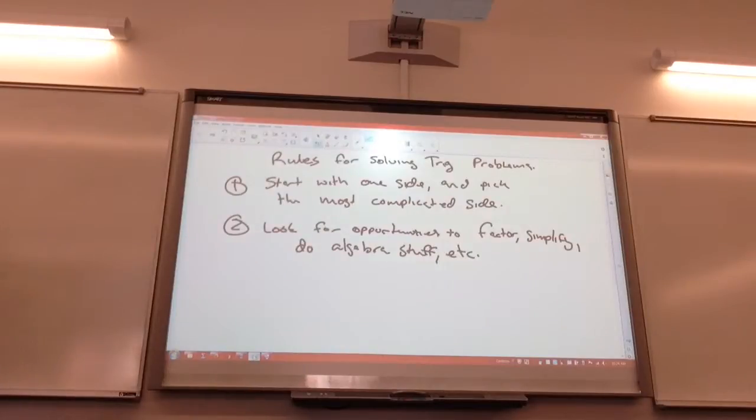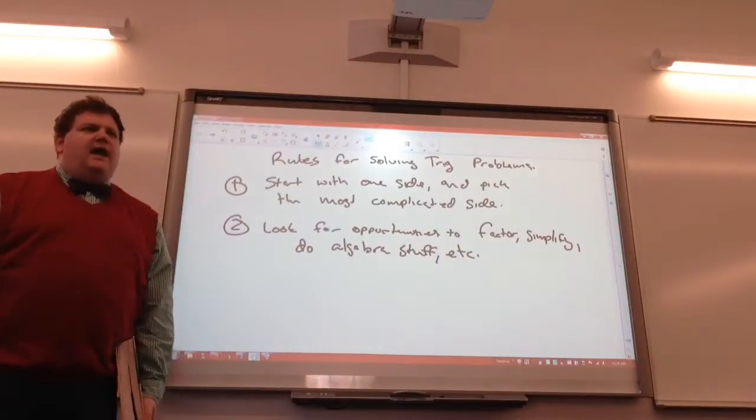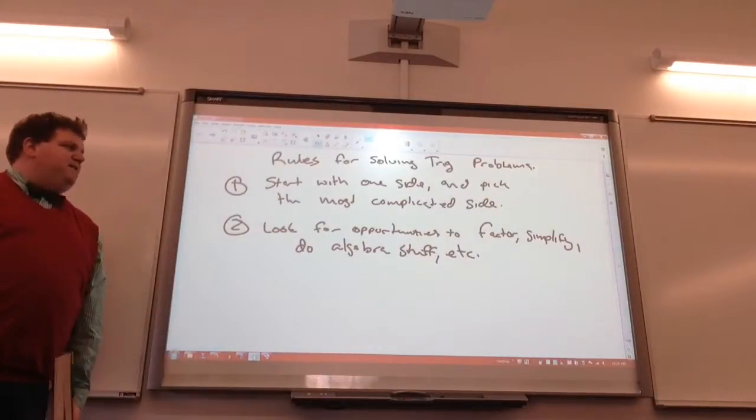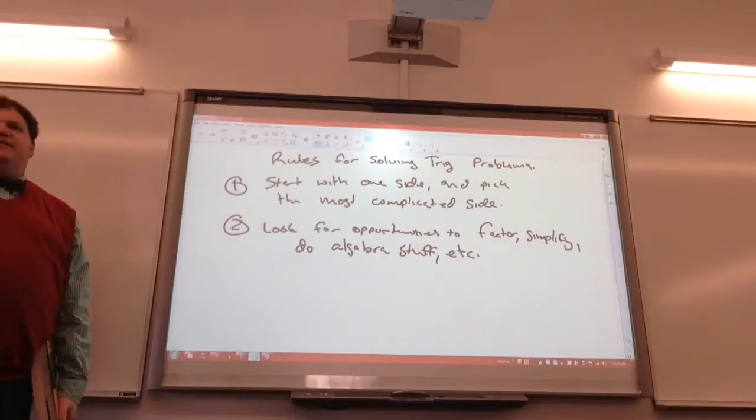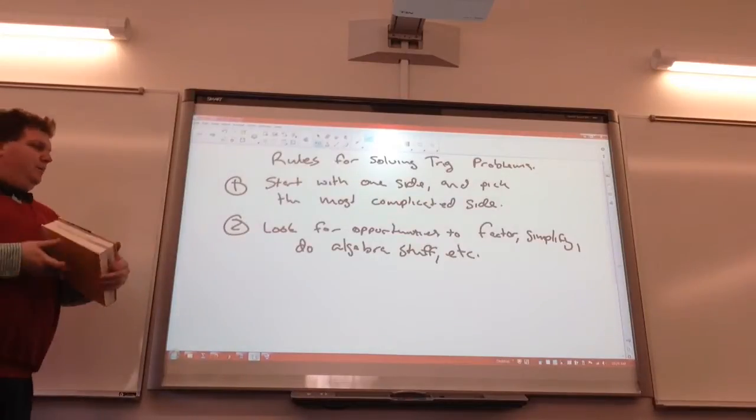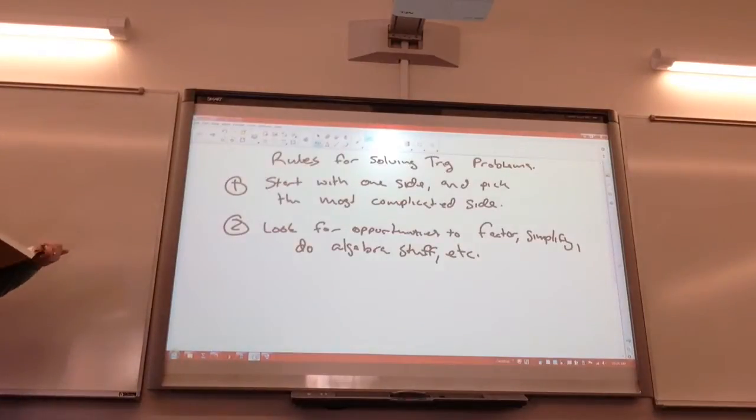Basically, if I have two fractions, get a common denominator. If I've got something that's common throughout, factor it out. But basically, if something's complex, simplify it down. Look for things to do that sort of thing.